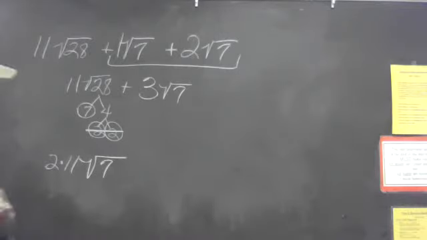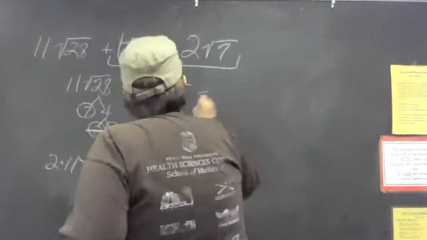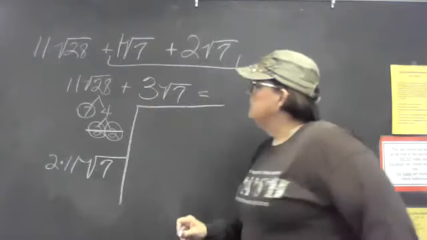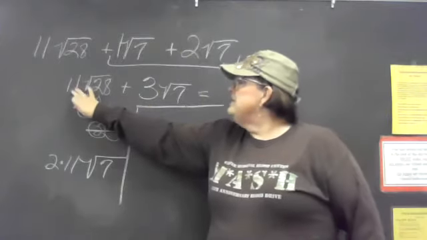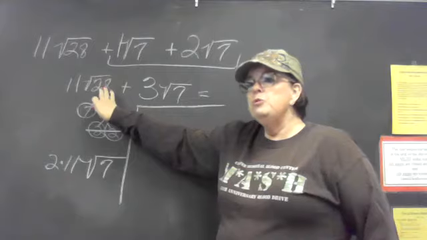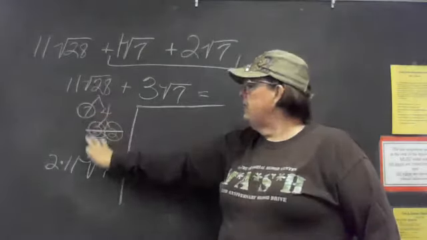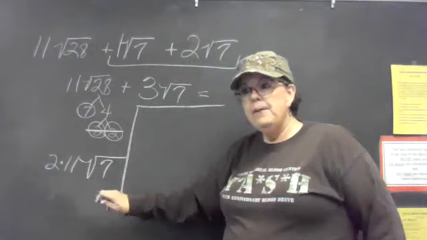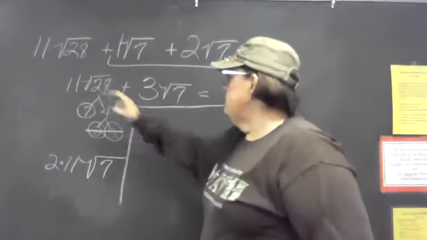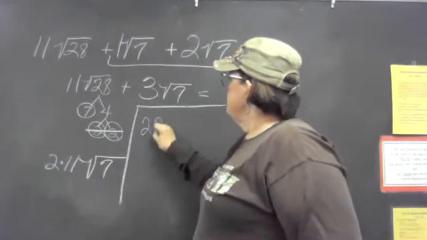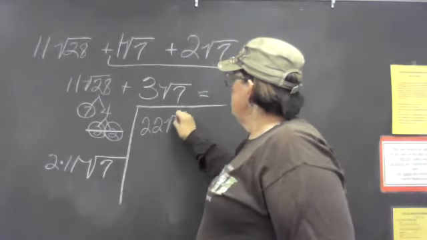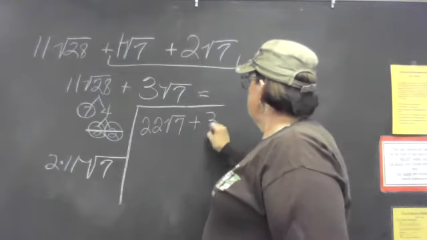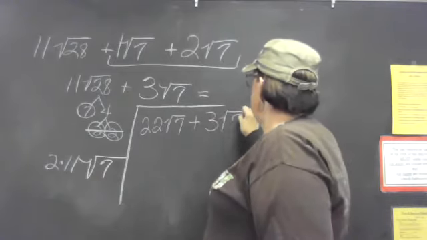So now I'm going to come over here because I keep running out of room. So now instead of 11 square roots of 28, I have simplified that to 22 square roots of 7, right? So I'm going to write that in its place. 22 square roots of 7 plus 3 square roots of 7.